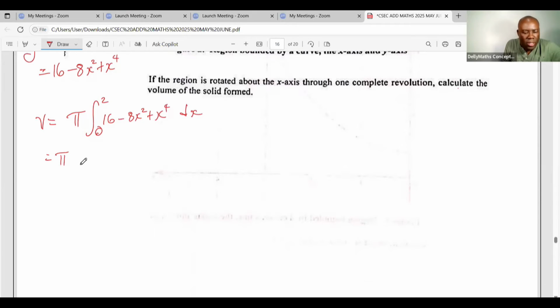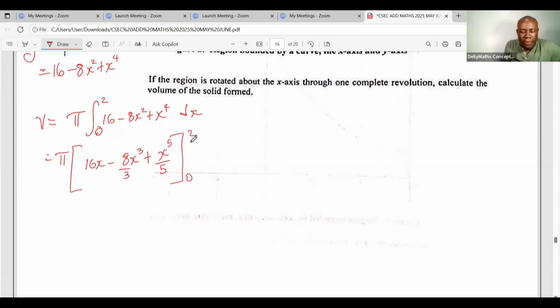We're going to keep our pi outside, right? So the integral of 16 will give us 16x. The integral of the next term will give us 8x to the third divided by 3, and then plus x to the fifth divided by 5, right? And we're moving from 0 to 2.